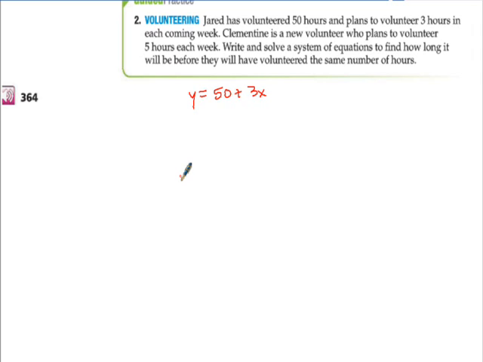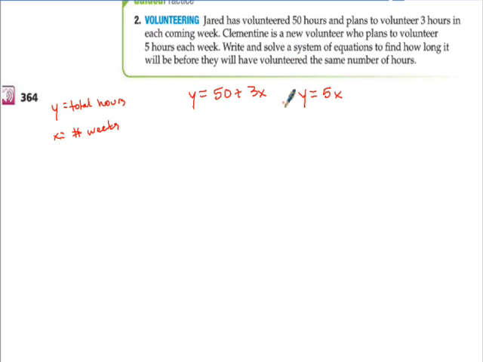Clementine's a new volunteer, so she has nothing to start like Jared did, but she plans to volunteer 5 hours each week, so her total hours are going to be Y equals 5X. It's not a bad idea to write like Y is total hours, and X is number of weeks.